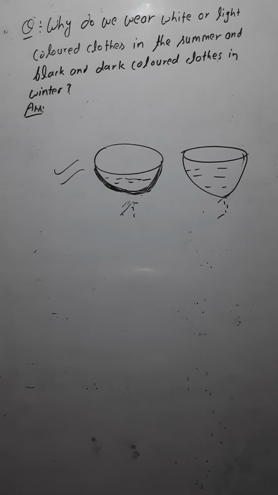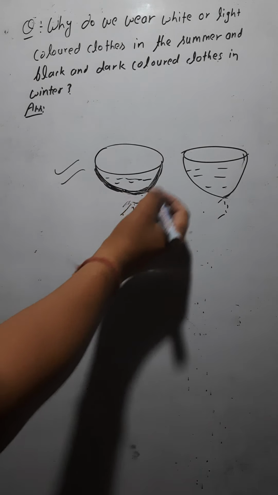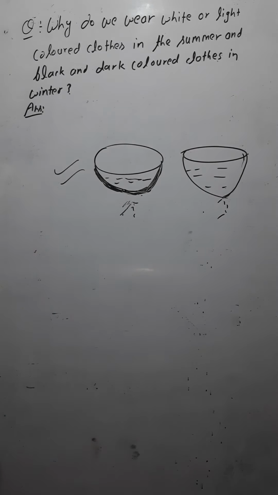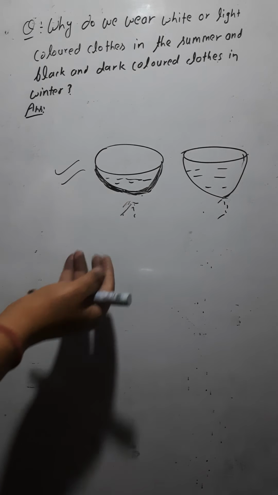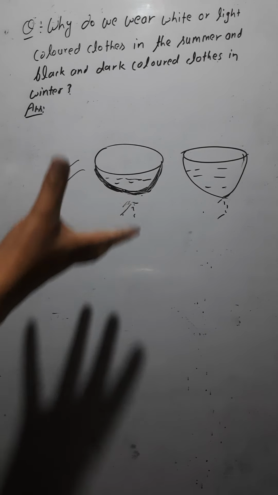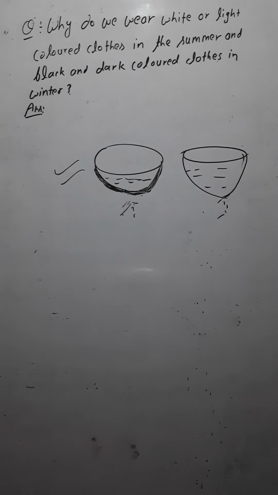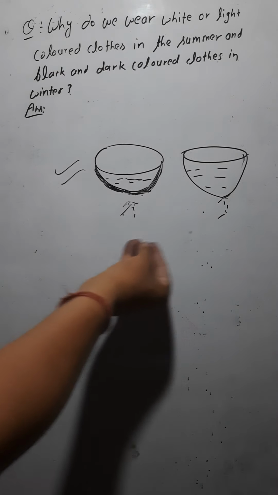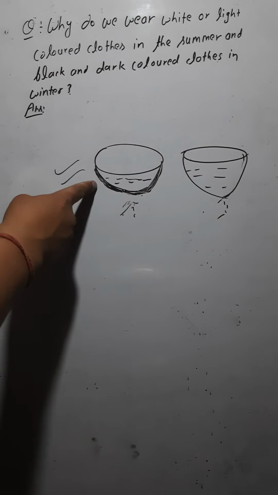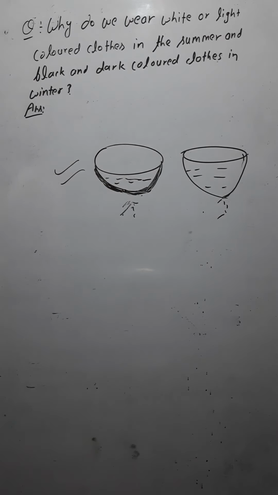How does this happen? It is due to the reason that the surface is black, or darkened, and the black surface absorbs more and more heat. That you have to remember. The black or dark surface absorbs more heat. So the heat of the fire that you are giving from the downside would be absorbed more in this utensil and lesser in that.